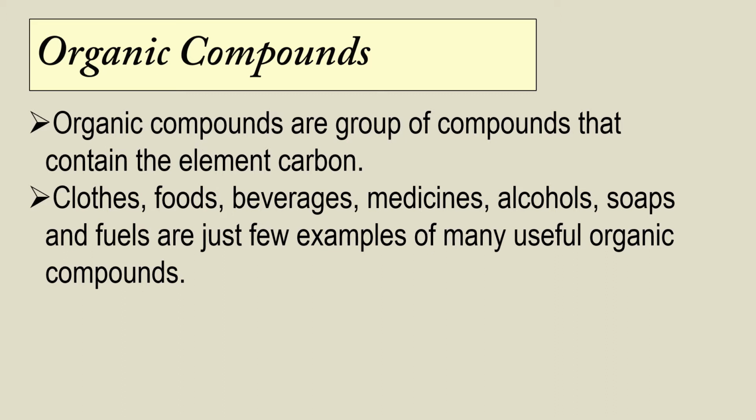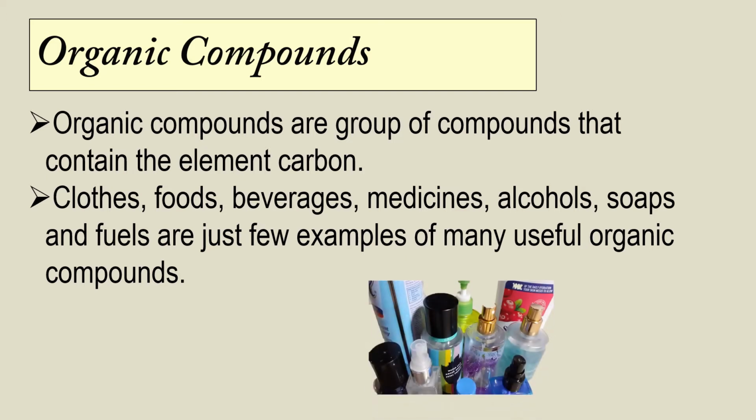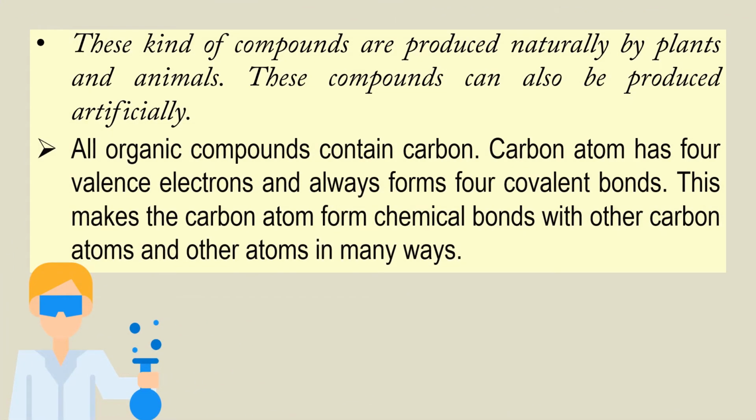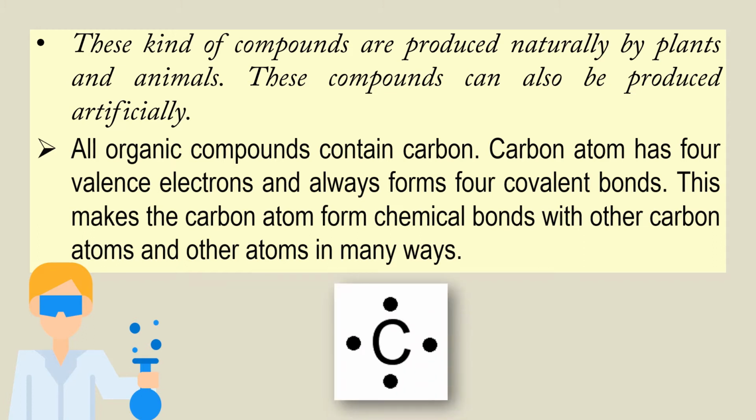Clothes, foods, beverages, medicines, alcohols, soaps, and fuels are just a few examples of many useful organic compounds. This kind of compounds are produced naturally by plants and animals. These compounds can also be produced artificially. All organic compounds contain carbon.